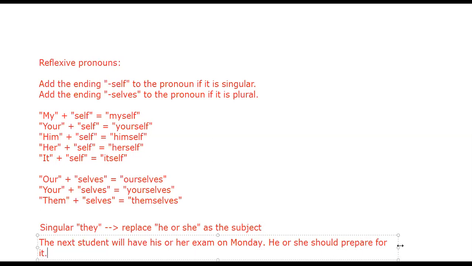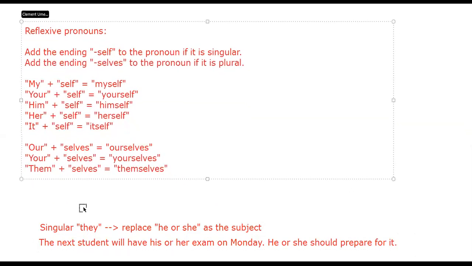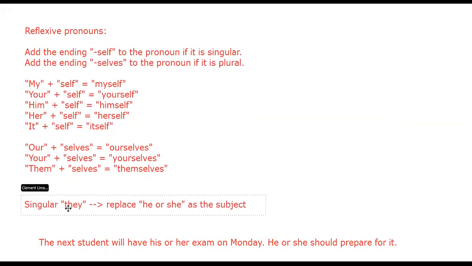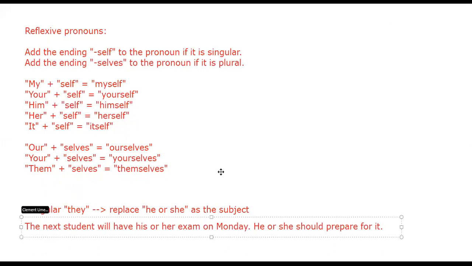So instead of a sentence like this, instead of using his or her and he or she, which is grammatically correct, but again, it's kind of wordy, you could actually say this.